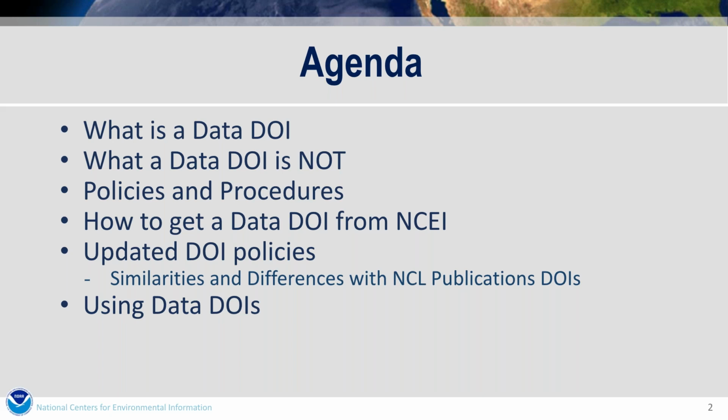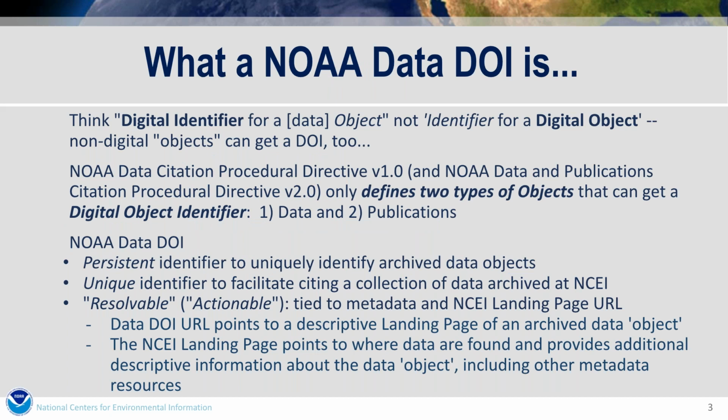We'll talk about what data DOIs are and are not, some of the policies and procedures that we use at NCEI for data DOIs, what to do to get one, and then how these can be used. So with that, what's a NOAA data DOI? Another way to think of that is, how is this any different from a publication DOI?